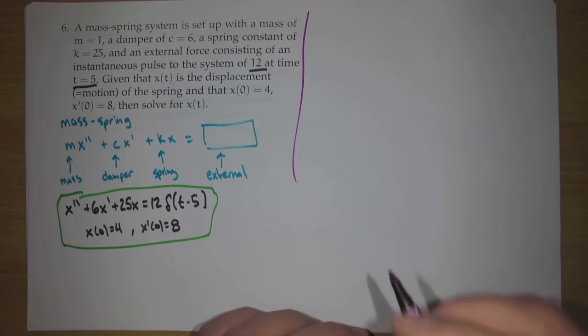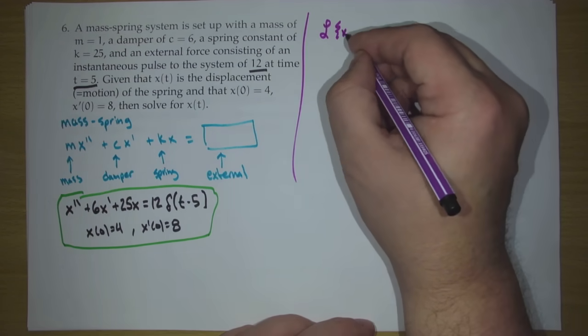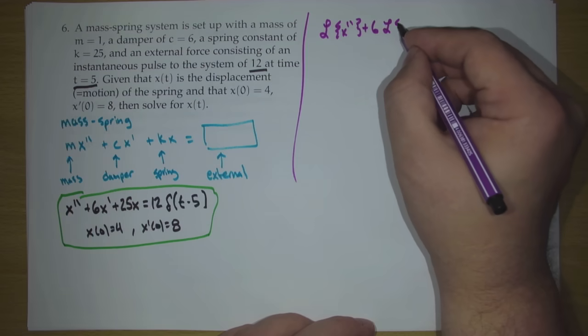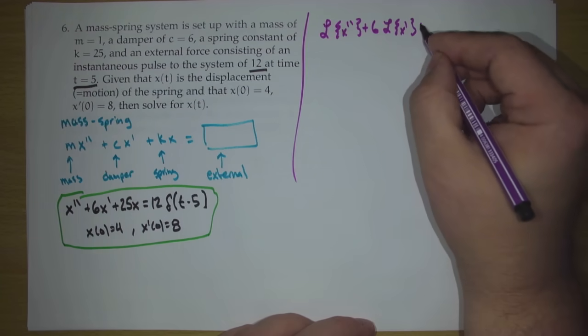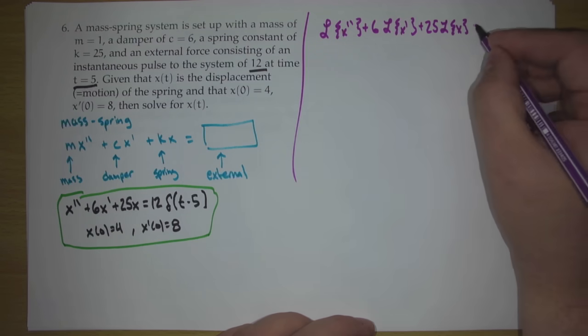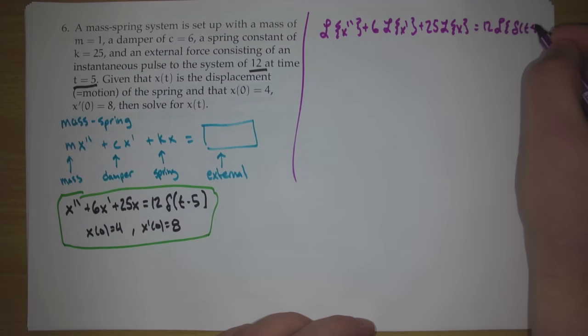Take the Laplace. So take the Laplace of everything. So the Laplace of x double prime plus 6 Laplace x prime plus 25 Laplace x equals 12 Laplace delta t minus 5.